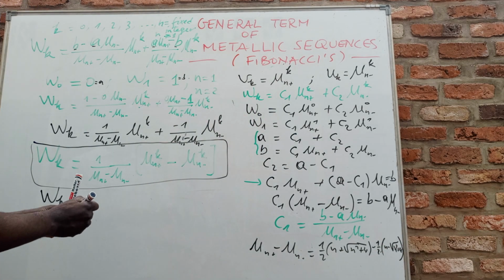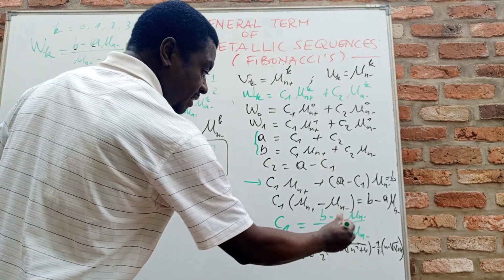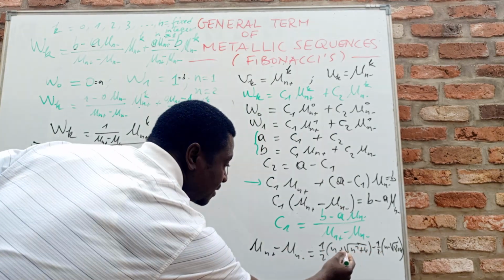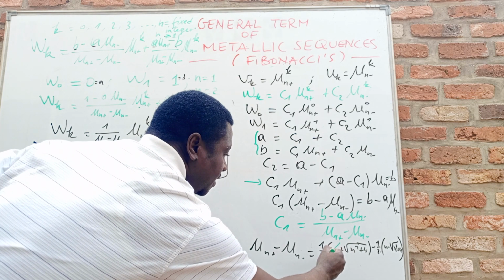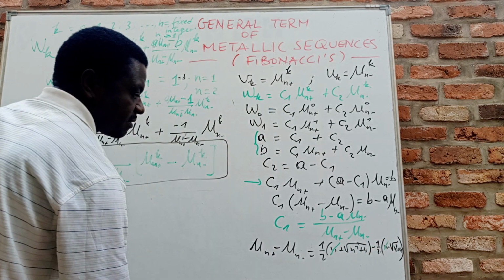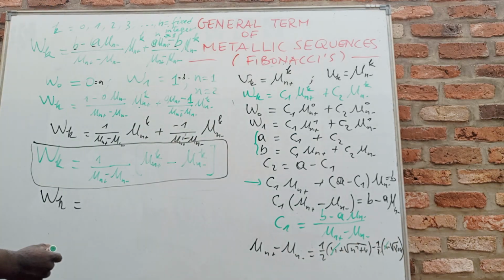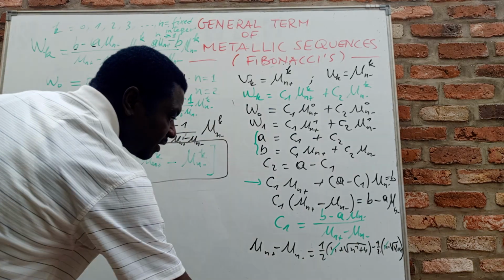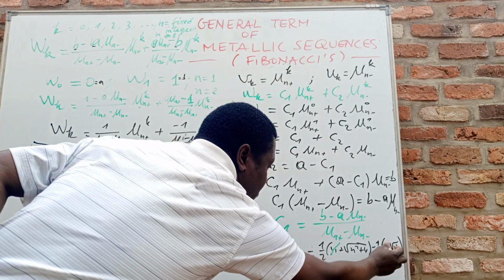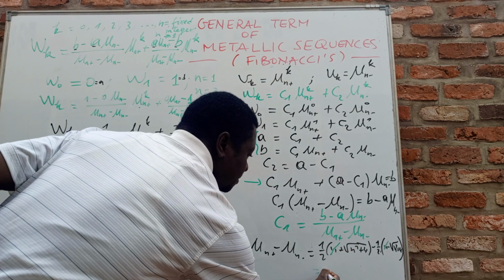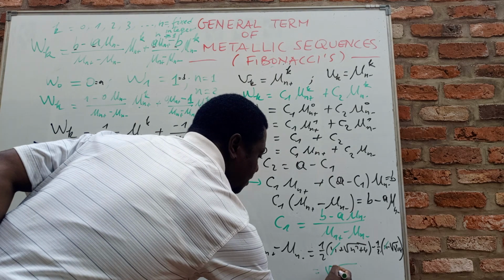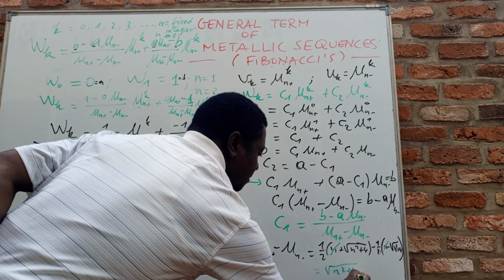Okay, so in this case some cancellation applies on n. Now the square root will double, and this one plus this one is going to be equal to square root n square plus 4.